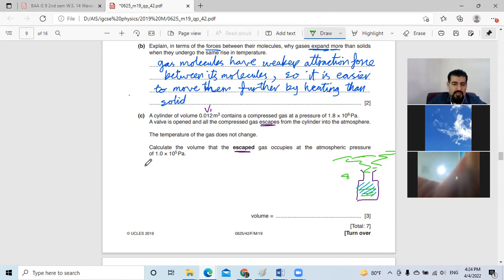So 3 marks. First of all, we have to use the formula P1 V1 equal P2 V2. We know that the volume 1 has a pressure of 1.8 times 10 to the power of 6 multiplied by 0.012, which is equal to the pressure in the second situation, which is the atmospheric pressure, 1 times 10 to the power of 5, multiplied by the second volume, V2.